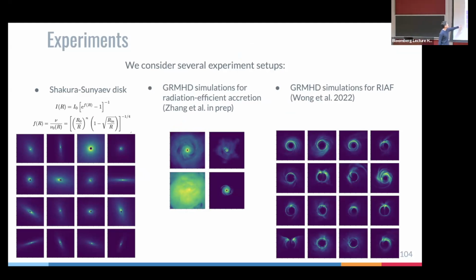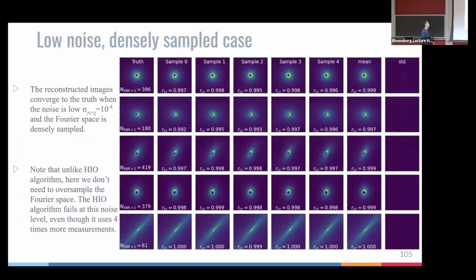We have the analytical Shakura-Sunyaev disk. Li Zhong gave me some of his GRMHD simulations, and I also took some similar simulations from George. But those simulations are for radiation inhibition, so they are not really for AGN, but for EHT-like black hole images. Still, we use them here just to demonstrate this algorithm.